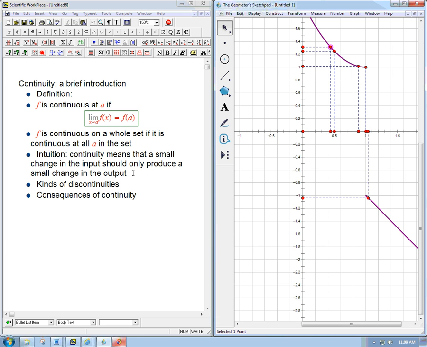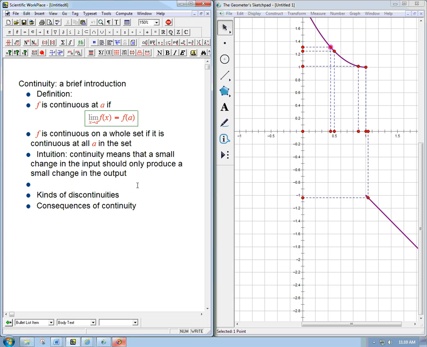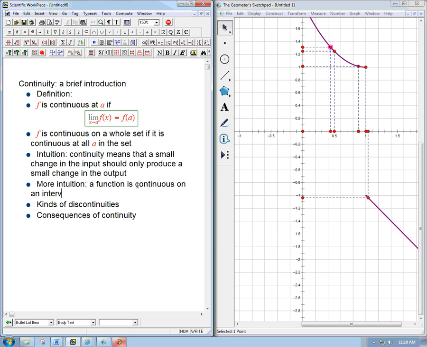The other thing about intuition that you often see, which is really useful, is that a function is continuous on some interval if I can draw the graph without lifting the pencil.